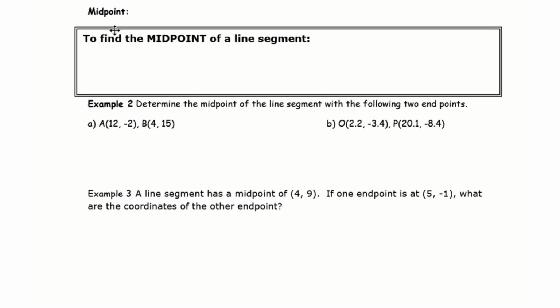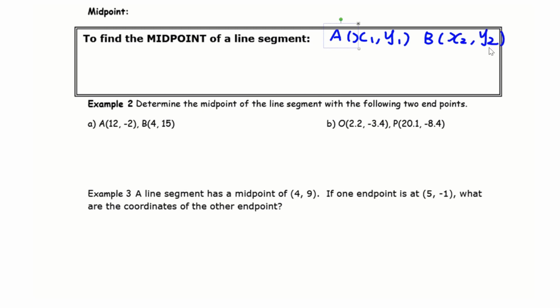This is the second part of this video, the midpoint. If the 2 points are x1, y1 and x2, y2, for example, we are going to give you the general formula.